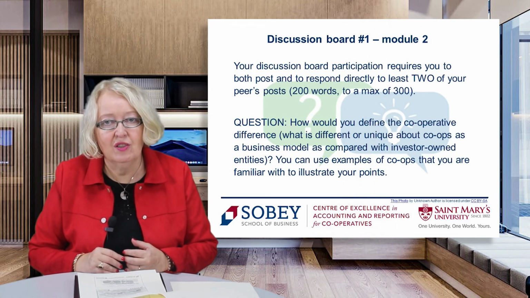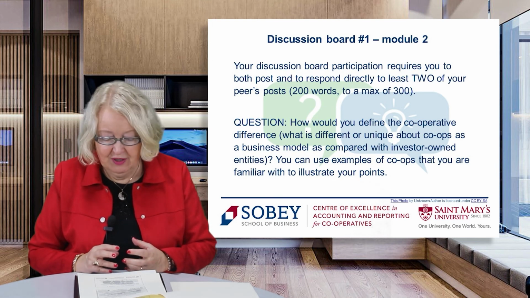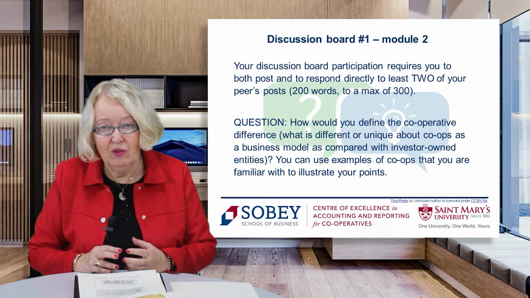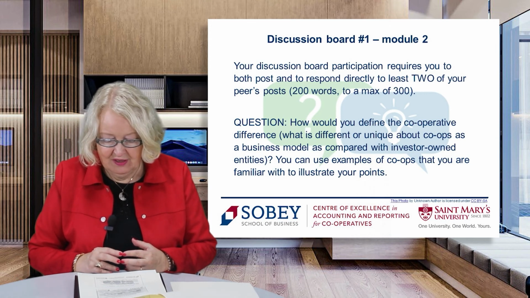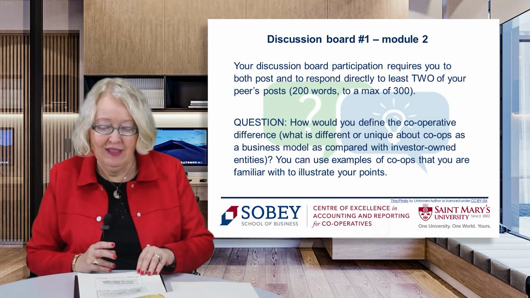So the first question coming up in the Module 2 discussion board is, how would you define the cooperative difference? What is unique about cooperatives as a business model compared with investor-owned firms? So you can use examples of co-ops that you're familiar with to illustrate your points.